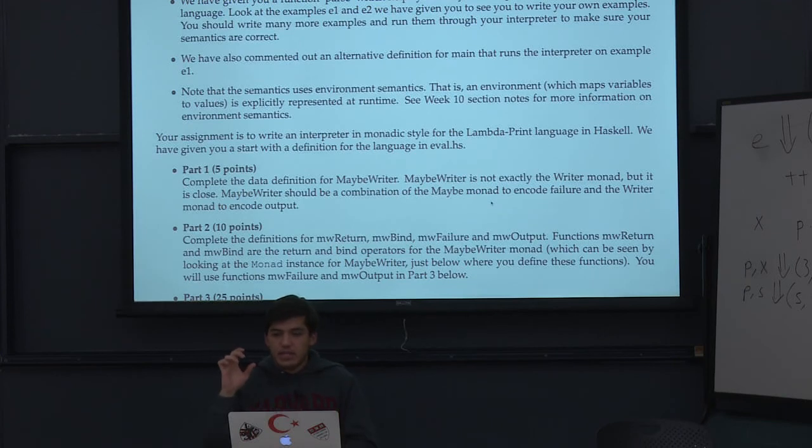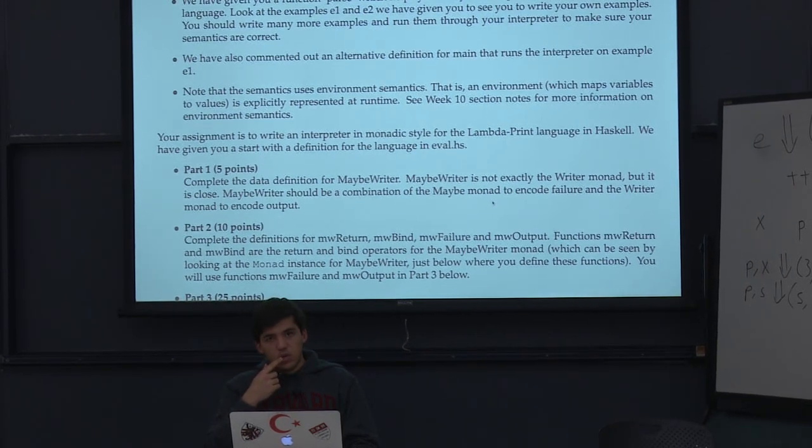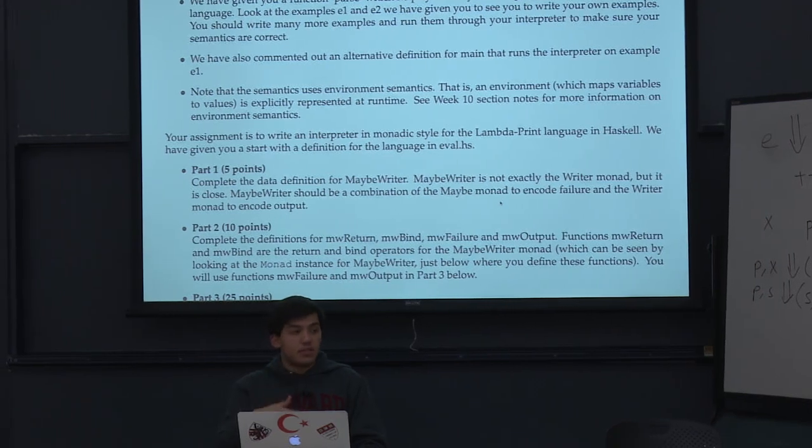But that indicates that that value that you have there is still something of type maybe writer. Then why is it wrong to say maybe writer WA is equal to maybe, and then in parentheses writer AV? Maybe. Because it's either going to be a writer or nothing. Okay. No, it's not going to be a writer. It's going to be a maybe writer.